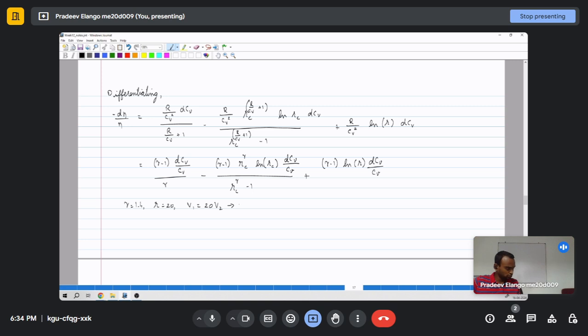So this means Vs is equal to V1 minus V2, so that will be 19 V2, and V3 is given as 0.05 of Vs, V1 minus V2, so that is 0.05 into 19.